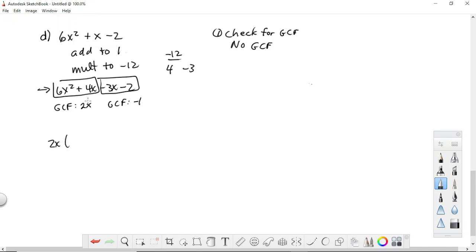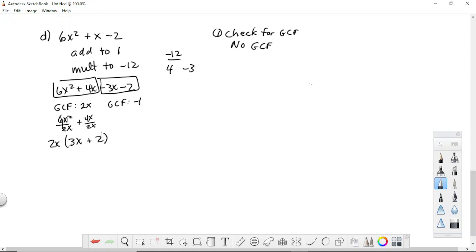We are working with that right now. Okay. So we take the 6x squared divided by that greatest common factor of 2x. And then we have plus 4x divided by 2x. And so that's going to cancel to 3x. And here it's plus 2.